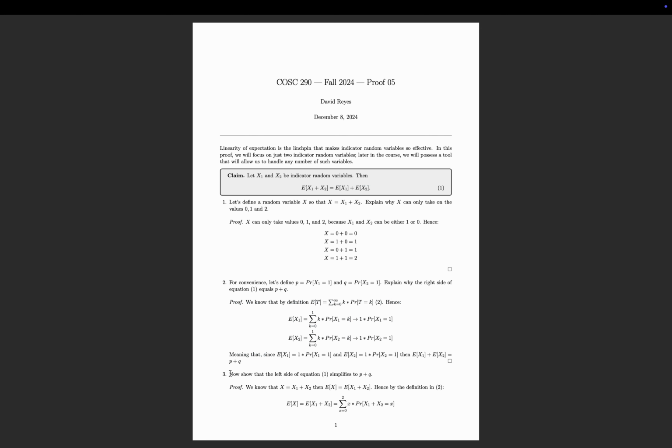Well, now we reach the third part, and this third part is where I got it wrong. The reason why I got this proof wrong was because I didn't have a really solid understanding of probability in general, and I didn't relate my explanation with part 1 of the proof.